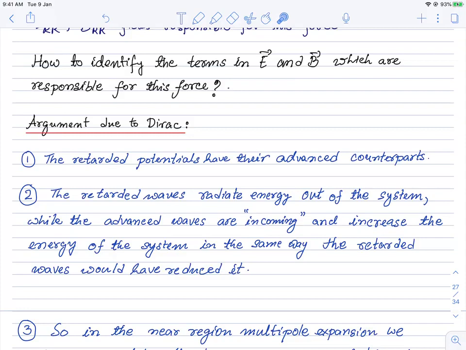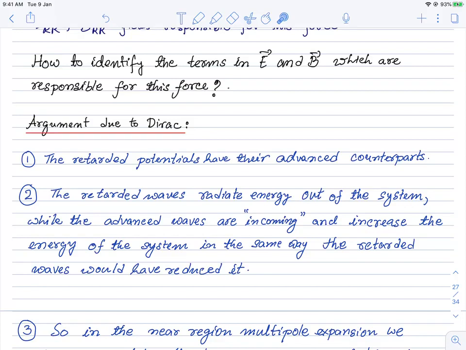Let me again repeat it, just in case it is not clear. The retarded potentials take energy out, and the advanced potentials bring energy in. The way in which the energy is taken out by the retarded potential is the same way in which the advanced potentials bring in the energy. Now, you want to find the terms in the retarded potential that are responsible for taking the energy out.